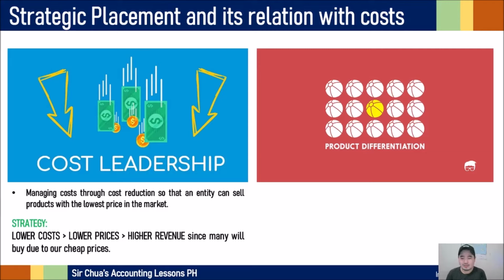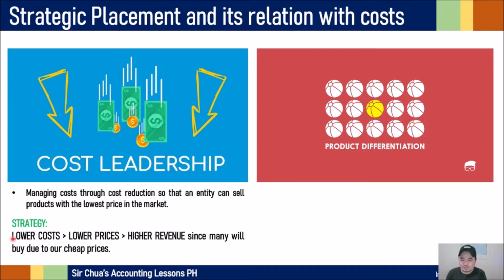Or, dahil lang gusto mong ma-achieve, ikaw ang cost leader, you are the lowest price in the market. So your strategy is, okay, I need to lower down my cost so that I will be the lowest price in the market and many will buy from me because mura ang aking paninda. Okay, that is the application of that.